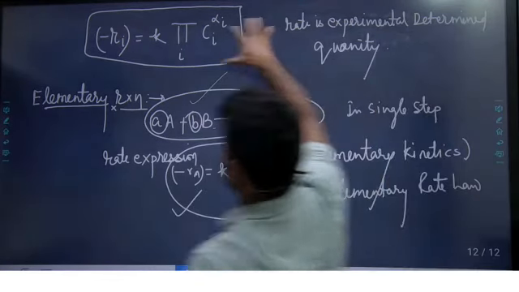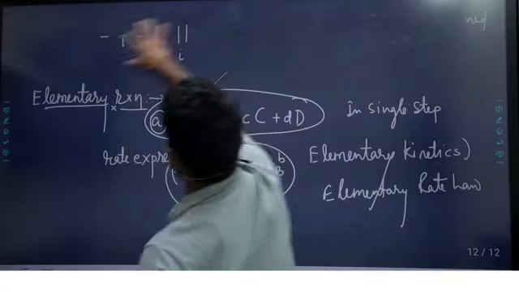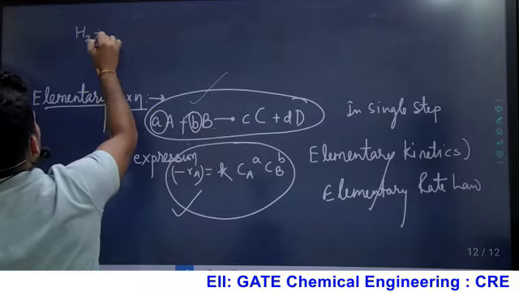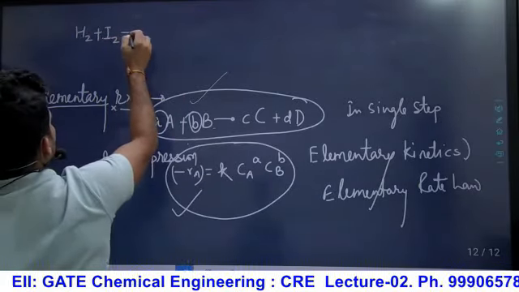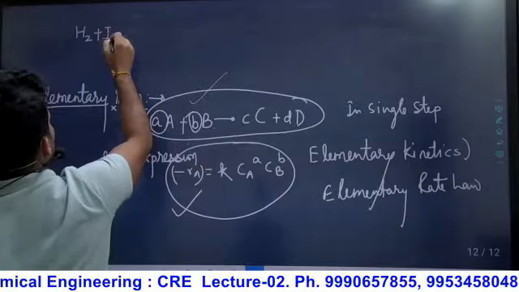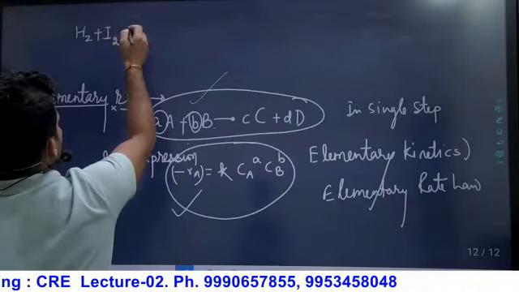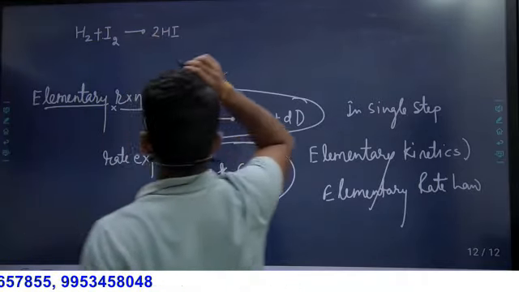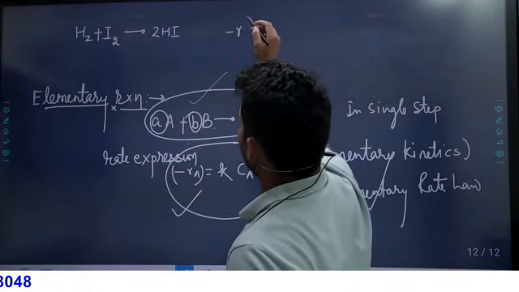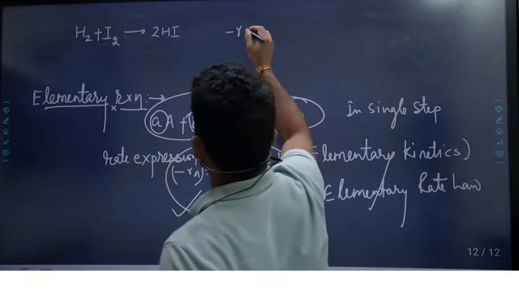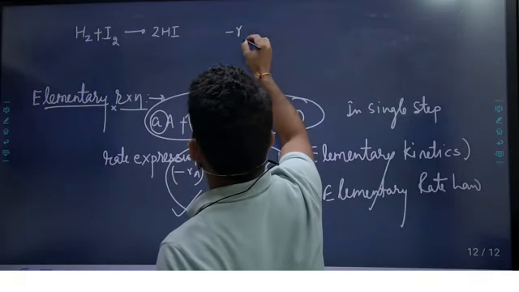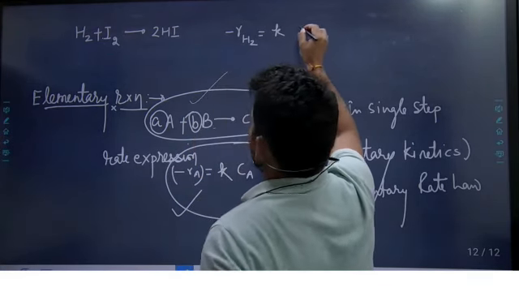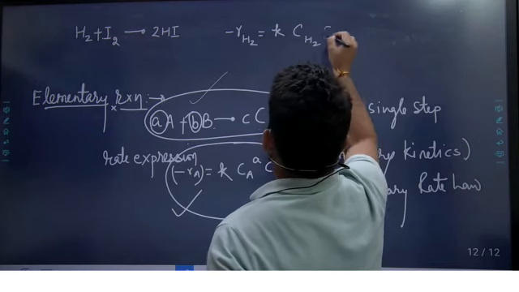Now, just try to understand. H2 plus I2 gives 2HI. The rate of disappearance of hydrogen is k times concentration of H2 times concentration of I2.